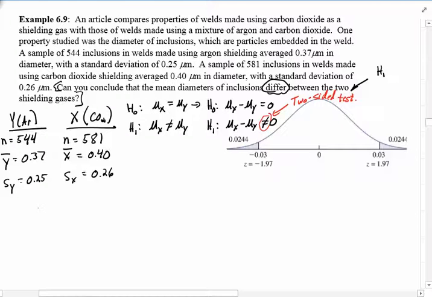Okay, step 2 is we assume the null hypothesis is true. So now this is the distribution of the difference between two means.